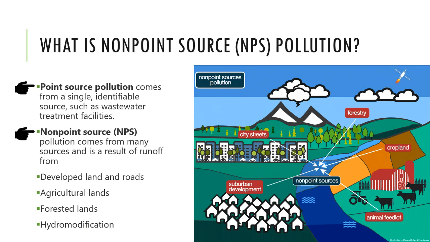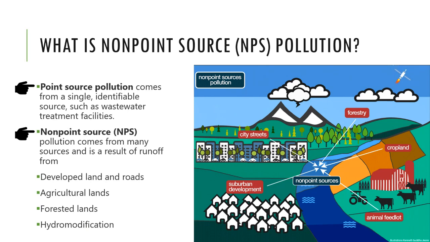Even some forestry practices can lead to excess sediment and nutrients going into waterways. And another thing you maybe wouldn't think about is that the modification of some of our rivers and lakes and shorelands can actually cause disequilibrium, changing the habitat, changing the equilibrium of an ecosystem, which can increase the pollution in those areas.